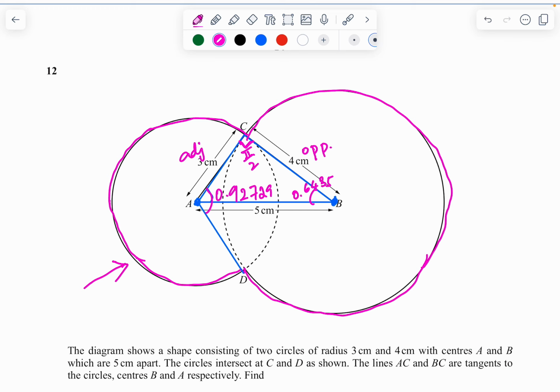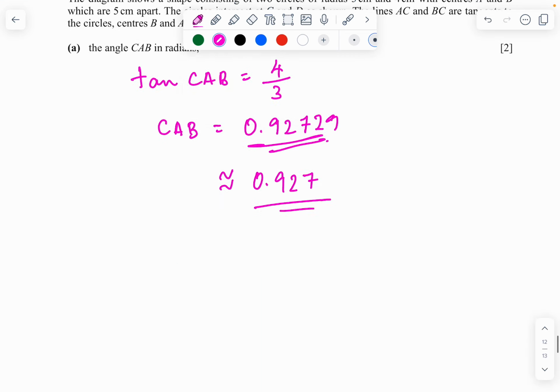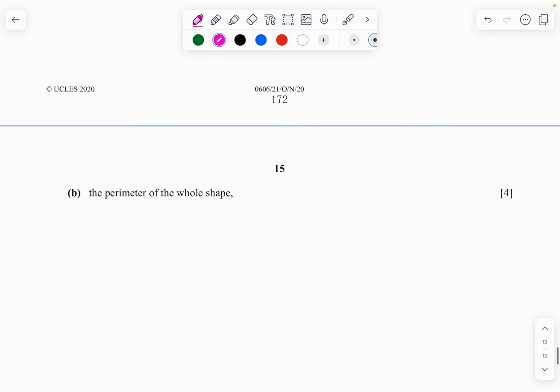Now it has become a sector here because A is the center and this is a radius, and there is another radius here. Okay, so now we can easily find the smaller one, right? So let me write the steps here now. So what is the arc length formula in radians?